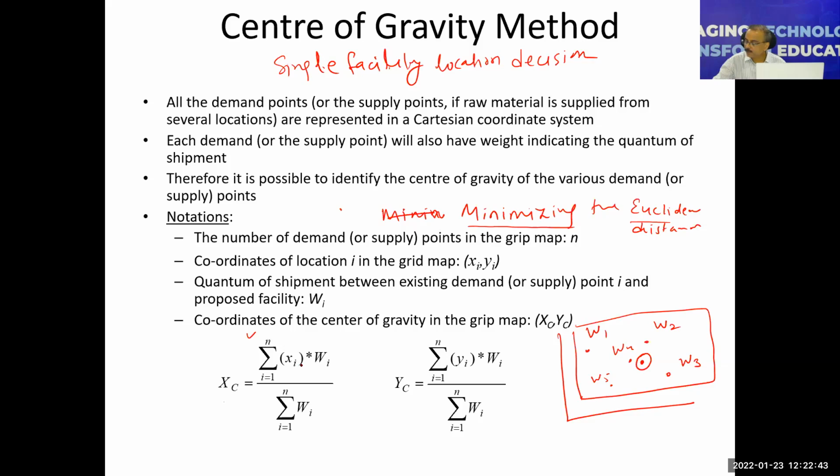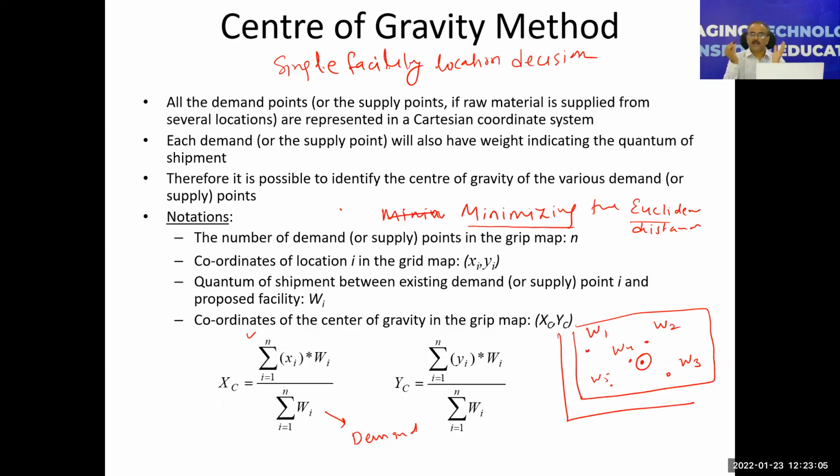So it's the summation of xi multiplied by wi divided by summation of wi. So wi here is nothing but the demand or the supply requirement. For example, if it is a warehouse, how much demand is involved in that warehouse?